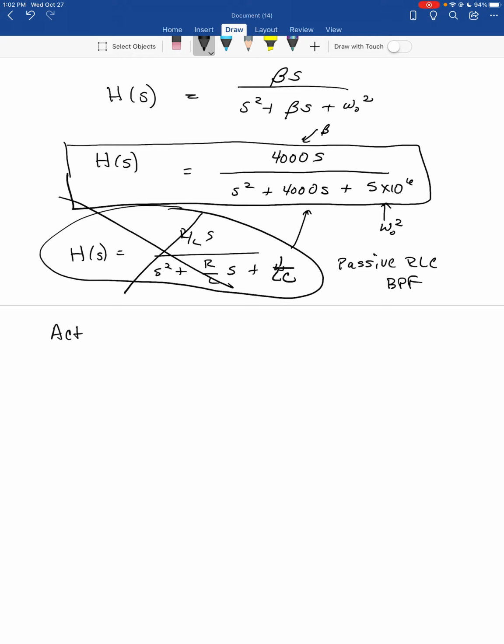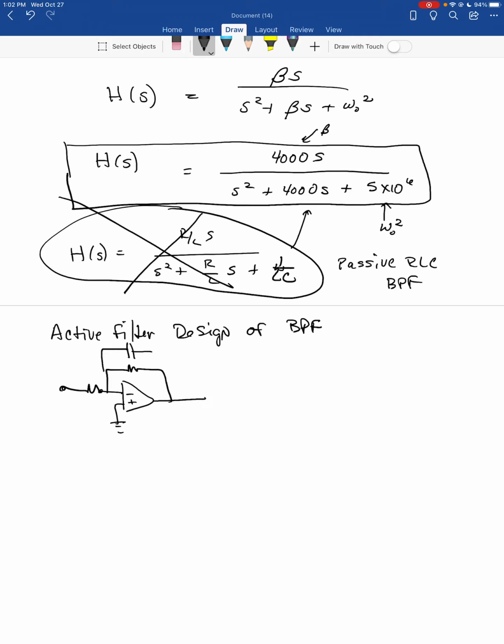All right, well now let's talk a little bit about an active filter design of a bandpass filter. The nice thing about op-amp circuits is that, because of the infinite input impedance of an op-amp, you can cascade circuits.